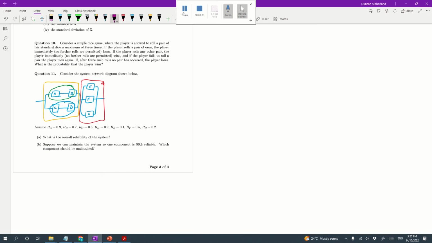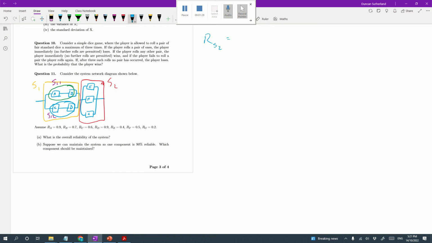Let's call the yellow subsystem S1, the red subsystem S2. Then we'll call the smaller ones S11, S12, like so.